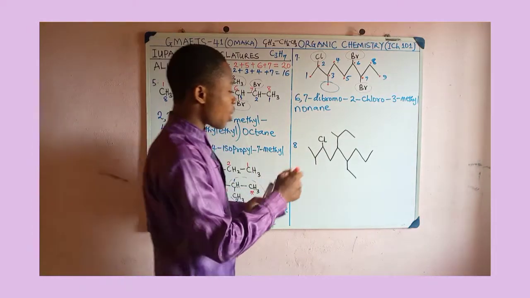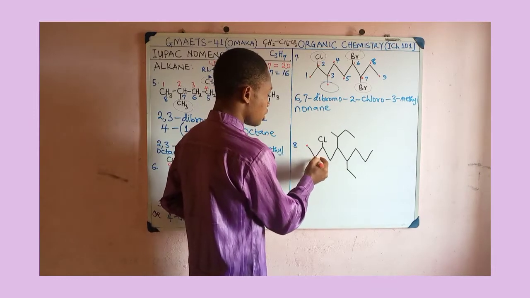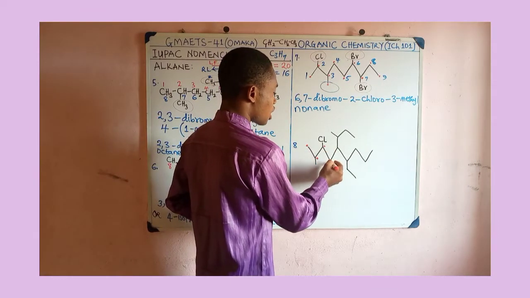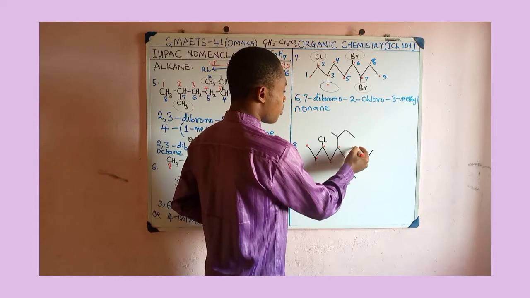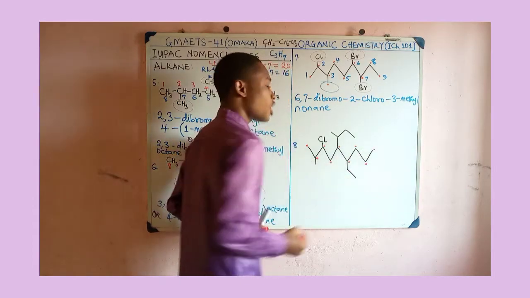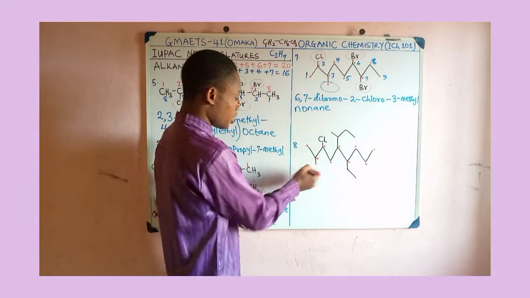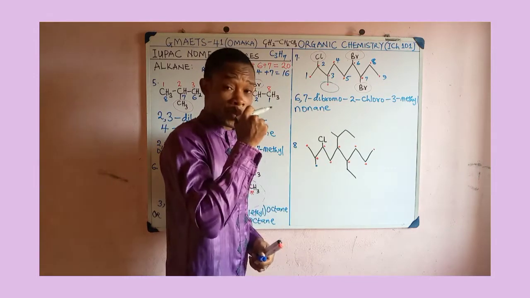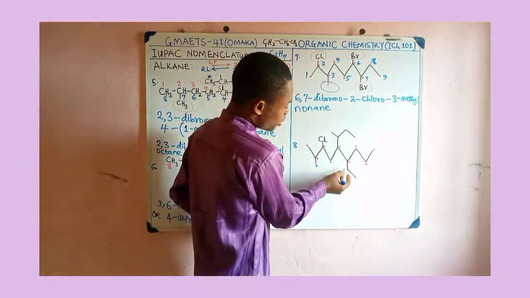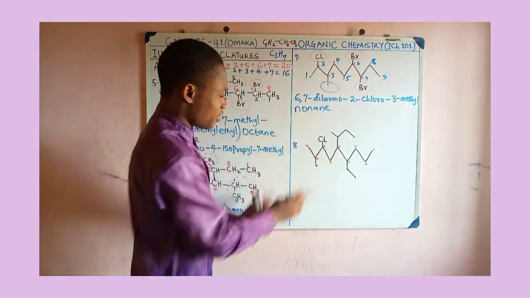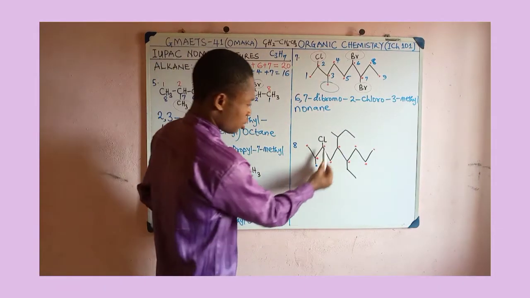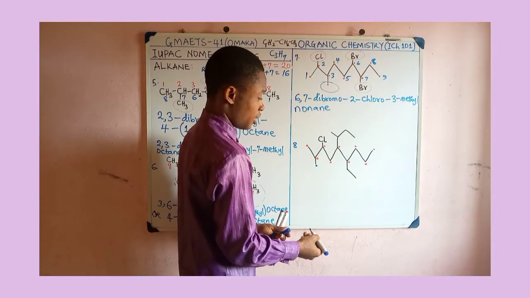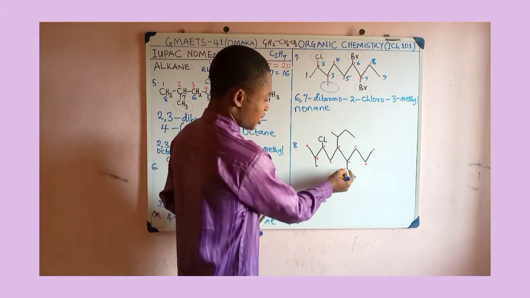So let us identify our carbon atoms here. This is carbon, this is carbon, this is carbon, this is carbon, carbon, carbon, carbon, carbon, and carbon. And of course, we have carbon here. Let me use a blue marker for this. We have carbon. This is a CH3 group. Is that okay? Now, take note that ordinarily looking at this, the longest carbon chain should go in the direction I've identified already. But you would notice that this is an attachment.